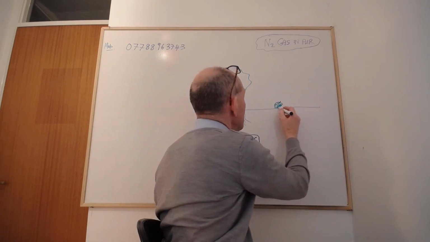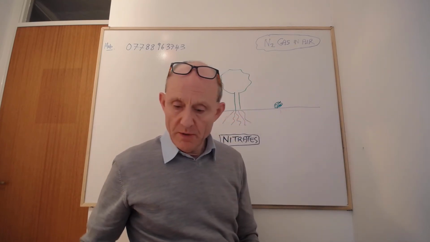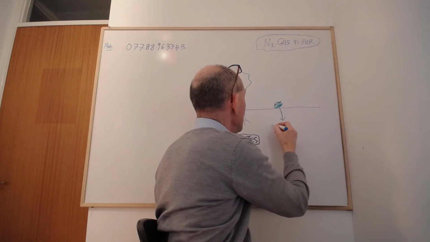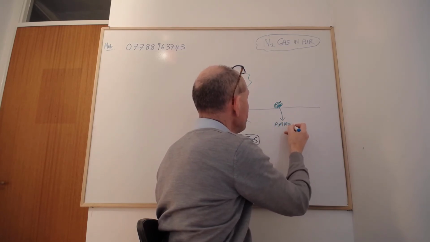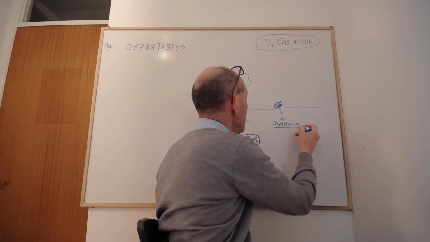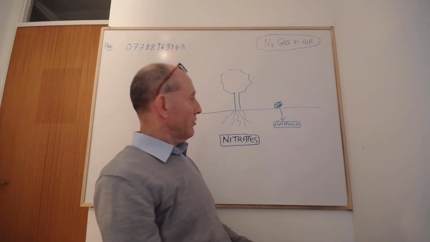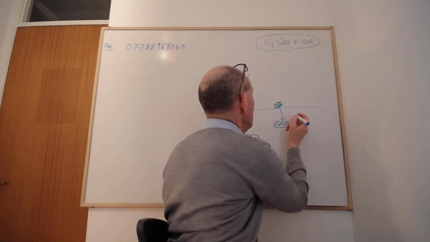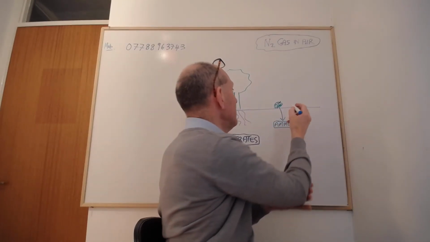Now, what happens when the leaf is decomposed? Well, what you get is a product called ammonia. Ammonia produced. So decomposition produces ammonia, and it's difficult here to get all this written on, but essentially this is decomposition.